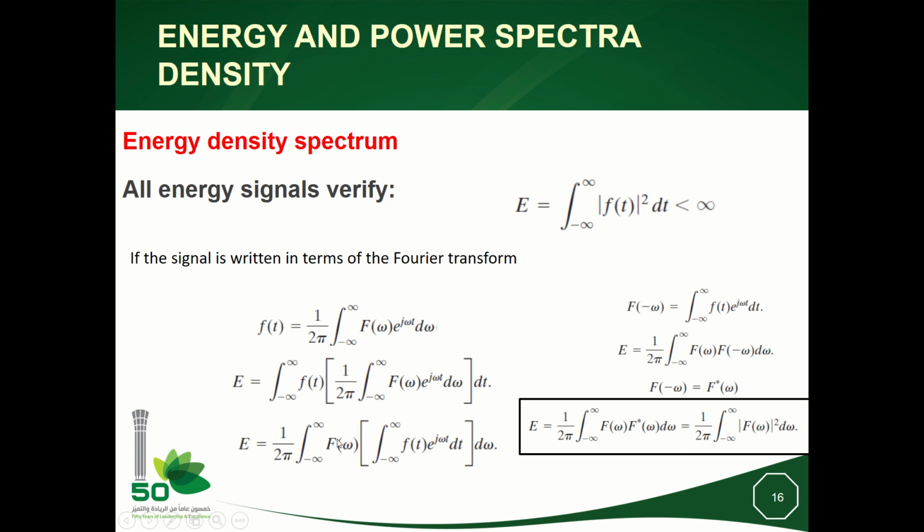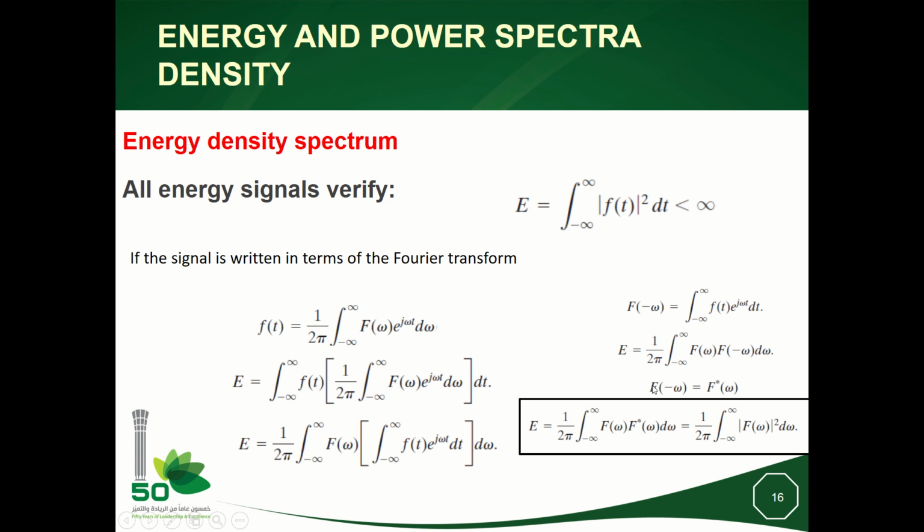So I can say that E is 1 over 2 pi integral from minus infinity to plus infinity of F of omega, and the part between the brackets is exactly F of minus omega. It means I have this resulting expression in that form.